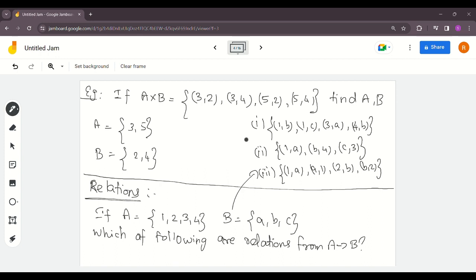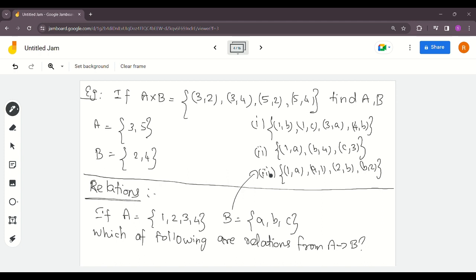So this first subdivision is a proper relation from A to B. But if you see the second one, 1A is there, B4 is not there. So the second subdivision is not a relation from A to B. Similarly, in the third, 1A is there, A1 is not there. So this is also not a relation from A to B.